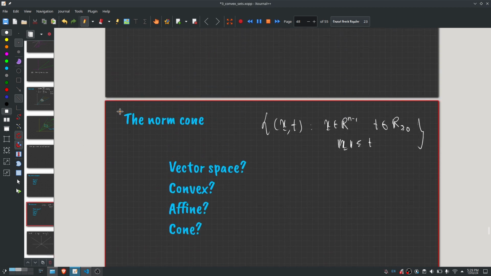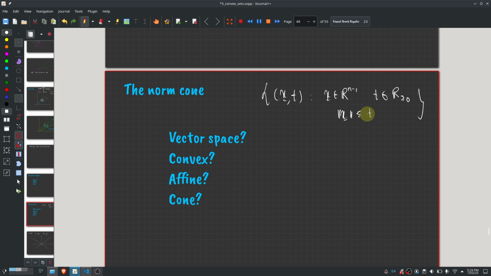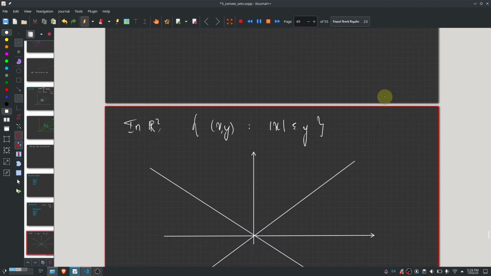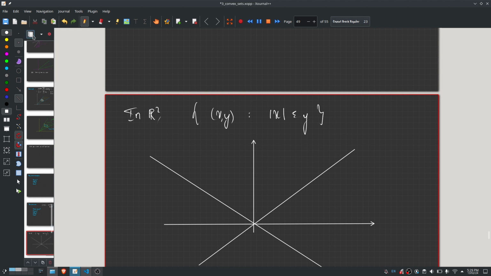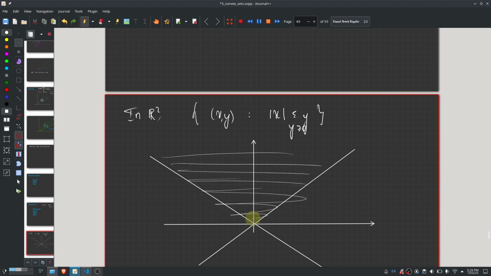Again, all of this makes sense only for t greater than or equal to 0, so y should be greater than or equal to 0. So what region is this? It's in between, right? So it is in fact this region over here.